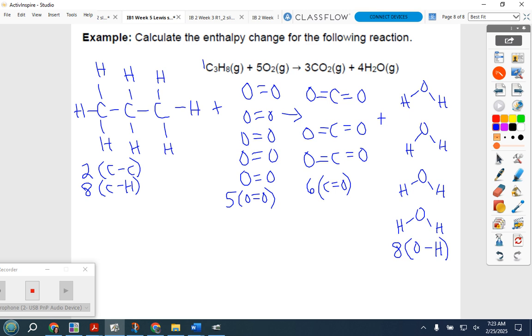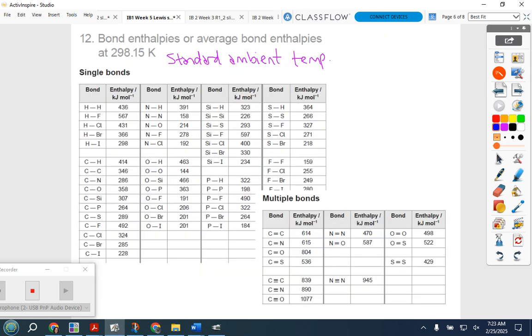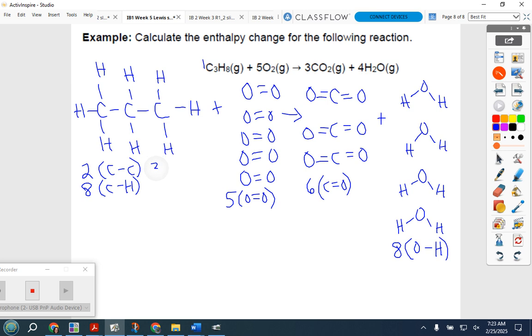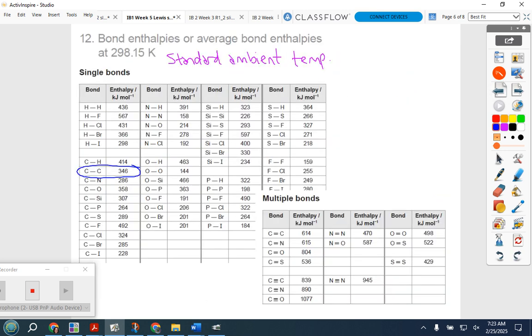Okay. So each one we can look up in our data booklet. So we can see that our carbon-carbon bond is here. That's going to be 346 kilojoules per mole. Our carbon-hydrogen bond is going to be here. That's going to be our 414.